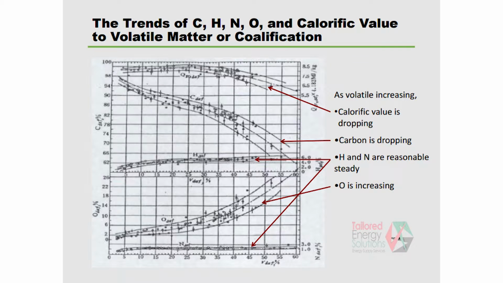And for the volatile matter, as the volatile matter increases, which means the coal is getting younger and younger, with anthracite in that area, lignite probably in that area, your biomass must be outside range over here. So as volatile matter increases, the heating value always decreases. And the fixed carbon inside the fuel keeps dropping.